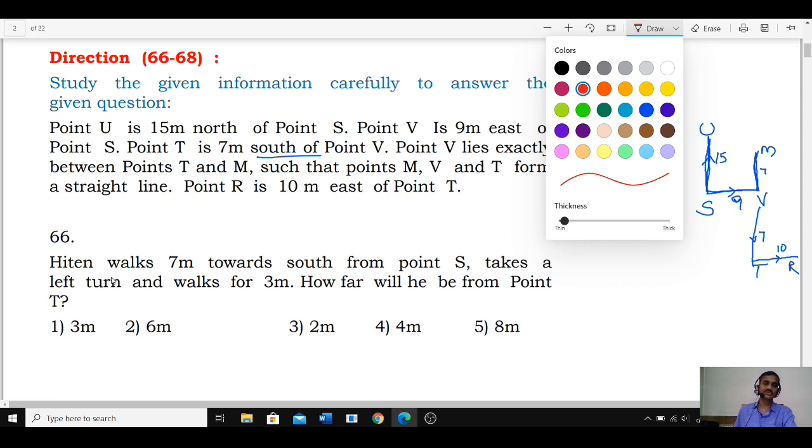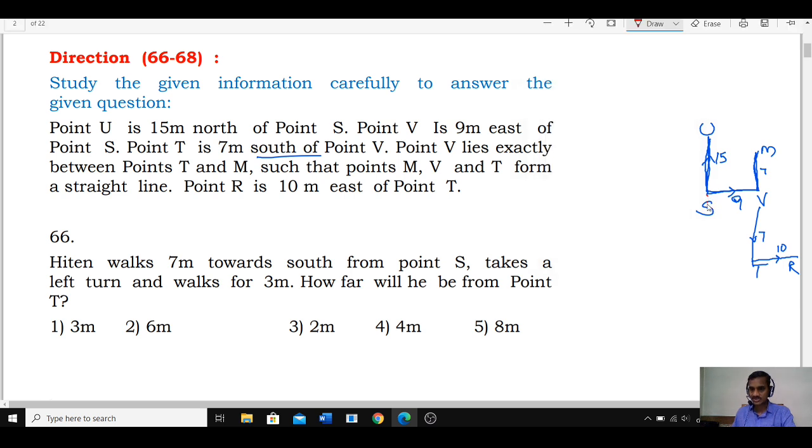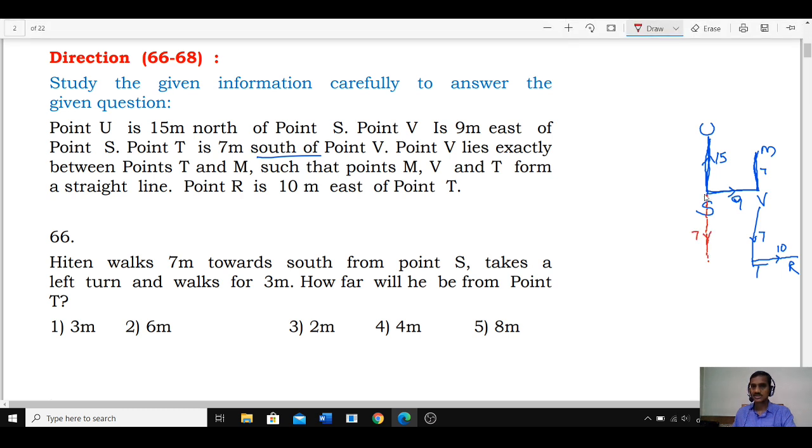Then coming to question number 66. Hithin walks 7 meters towards south from point S. From here, Hithin started walking and walked for 7 meters towards south. Tell me which direction he goes: south. 7 meters is exactly the distance he covered between V and T. And he takes a left turn and walks for 3 meters.